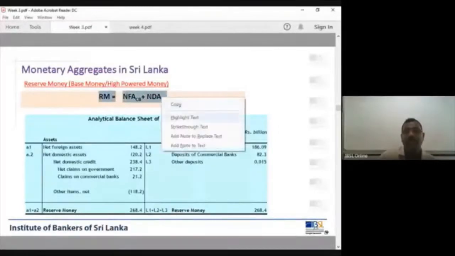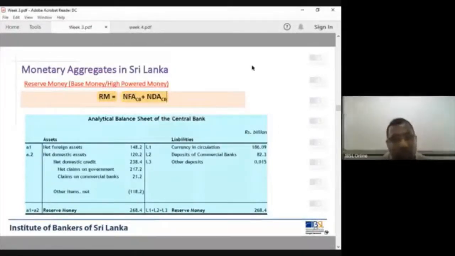Reserve money equals NFA plus NDA of the central bank. NFA means, very simply, the central bank's foreign exchange buying and selling. That is the operation behind NFA. NDA means net domestic assets of the central bank. That is basically central bank loans to the government and the commercial banks.